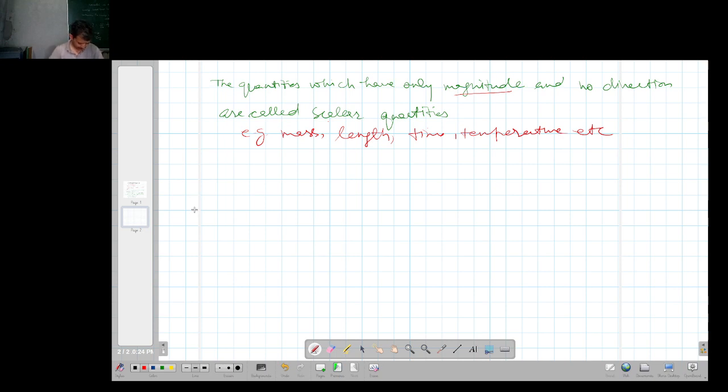Now there are some other quantities which have both magnitude and direction.